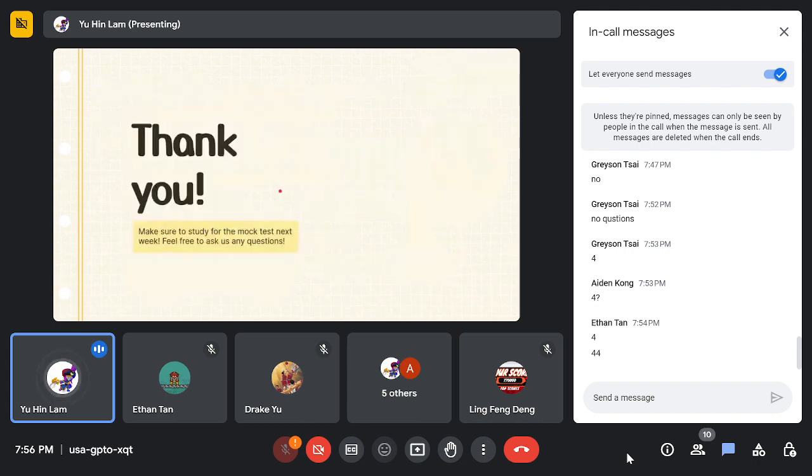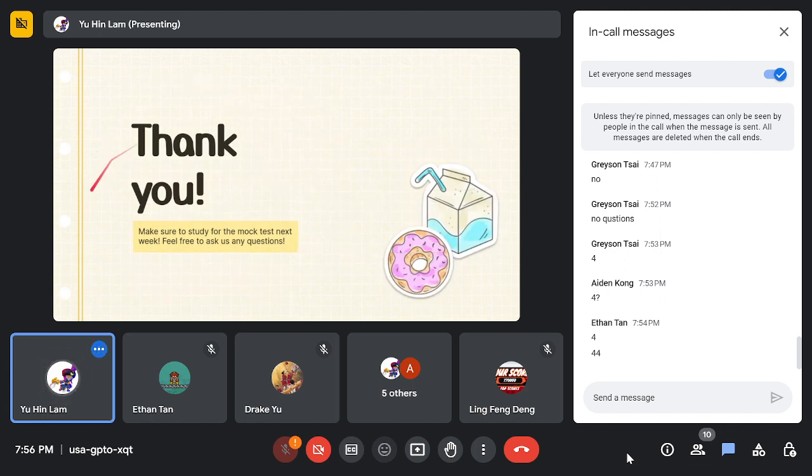Okay, so that would be all of the lessons, and that would be graph theory. Are there any questions about graph theory or even about our Boolean algebra?